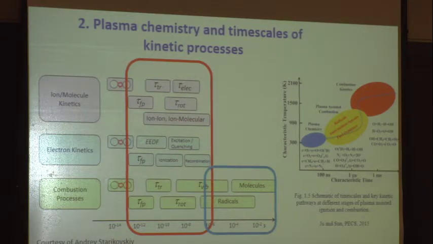But the coupling of plasma with combustion, how electronically or vibrationally excited species couple with the low temperature combustion process for fuel reforming and low temperature combustion, is poorly understood at that time scale. So the research focus really has to be here, not at high temperature. It's really low temperature ignition and fuel oxidation controlled by plasma.